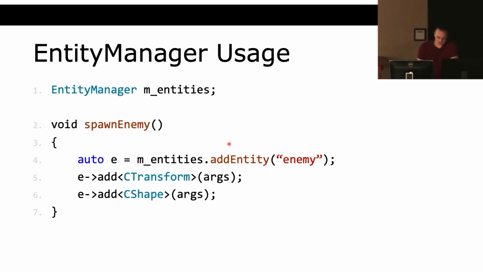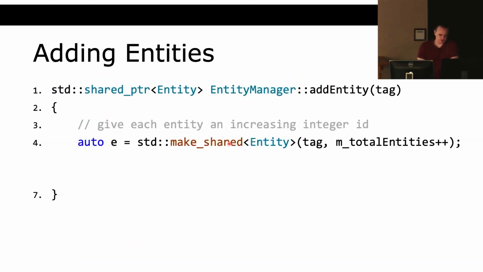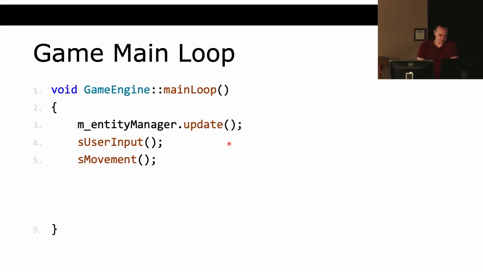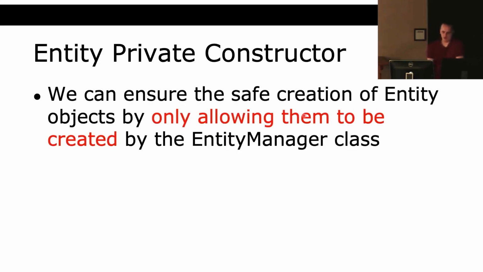So how do we stop that? Well, if you read the title of that slide, it's probably obvious. We can ensure the safe creation of entity objects, meaning that only the entity manager is allowed to create them, by only allowing them to be created by the entity manager class.